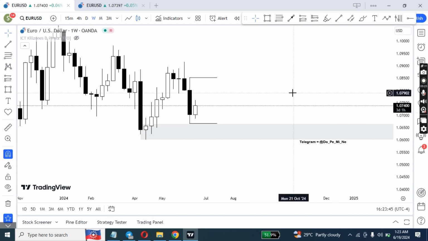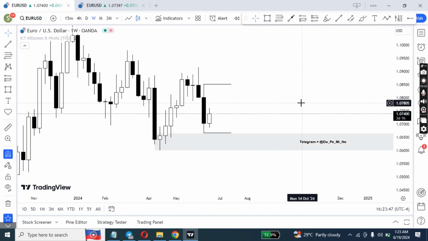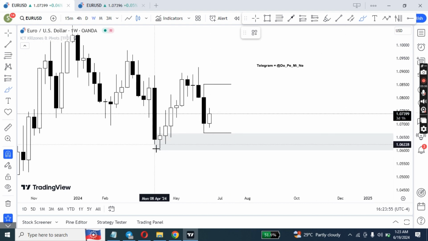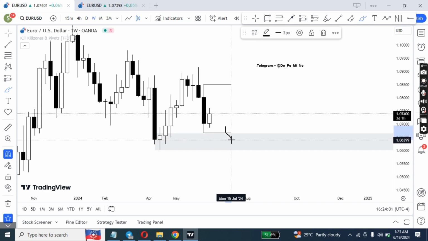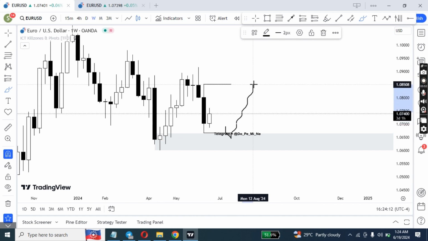Now, the way we're going to expect this CRT to be an actual CRT is if we expect price to come down lower, test this monthly higher time frame discount rejection block, and take out this CRT low. Then we can have a reaction from here, and this reaction can be either till the 50% of the CRT, and then the opposing end of the CRT.